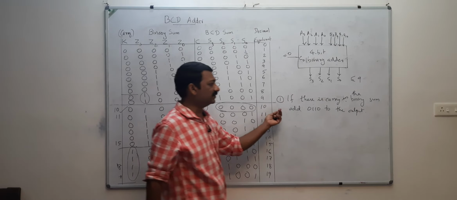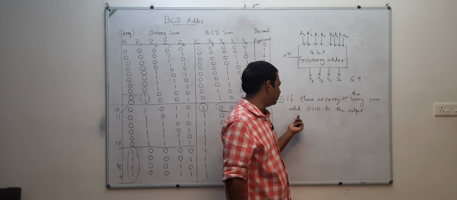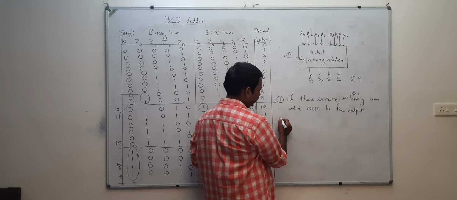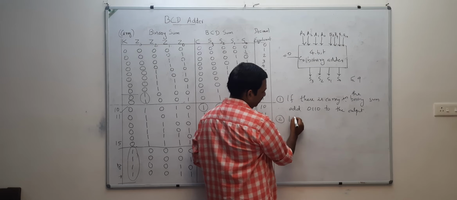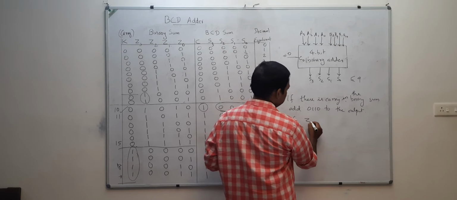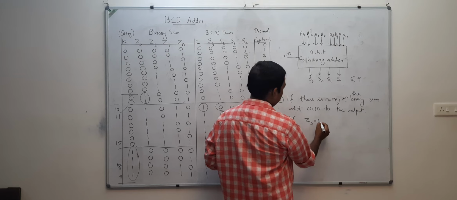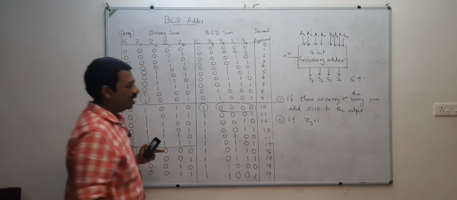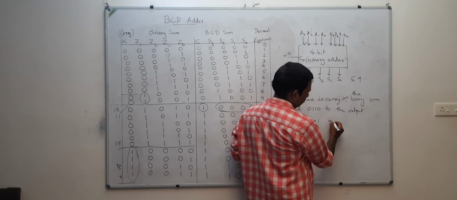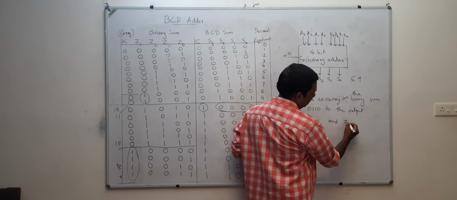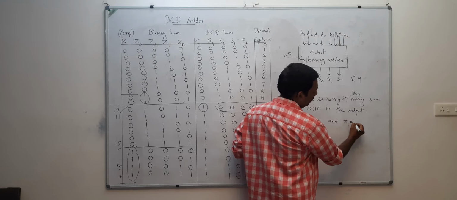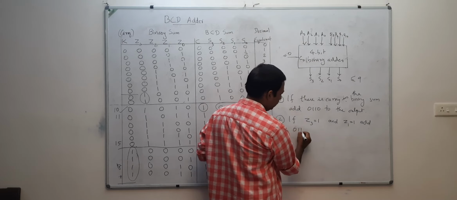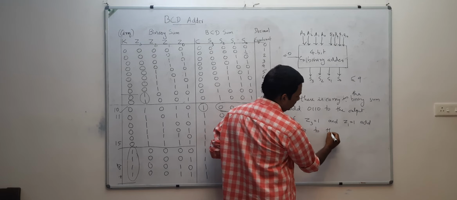First case is if there is a carry in the binary sum, add 0, 1, 1, 0 to the output. Number 2, if Z3 is equal to 1 and Z1 is equal to 1, add 0, 1, 1, 0.